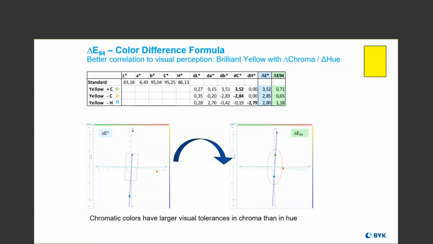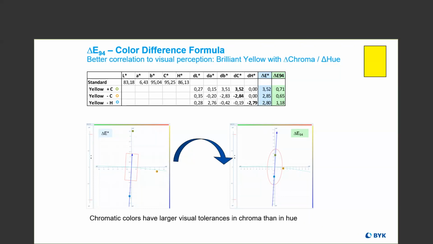But when you switch to DeltaE 94, you see that it's only 0.71, and I know that's corrected for the position of that standard in color space, and that's probably a more accurate accounting of the color difference. This is a very, very chromatic color, and we know that chromatic colors have larger visual tolerances than achromatic colors, so that DeltaE 94 calculation will go way down.